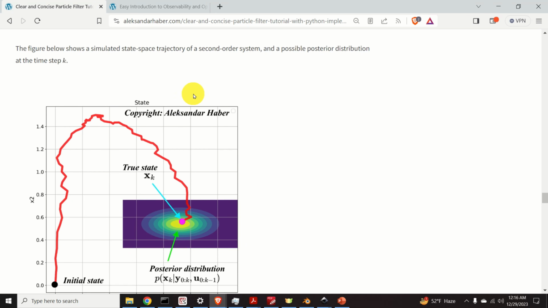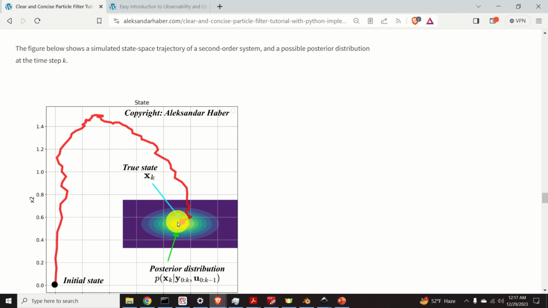This figure shows a simulated state space trajectory of a second-order system and a possible posterior distribution at the time step k. The trajectory starts from the initial state, denoted by this black circle. The red line represents the state space trajectory.